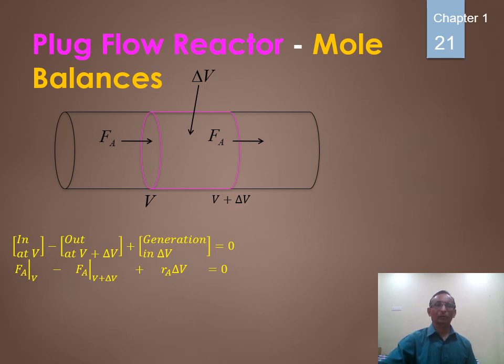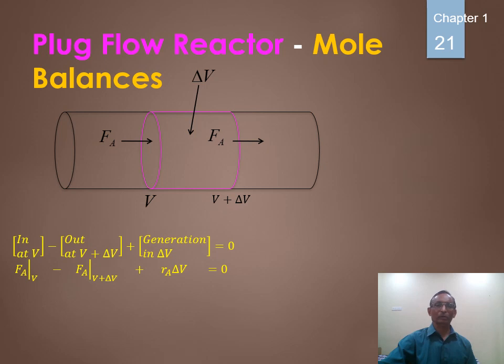So whenever you are going to design the plug flow reactor, it's suggested that you consider one segment that is denoted by delta V, or one part of the volume where we are assuming the concentration is the same. So here you consider the delta V where the concentration is the same.